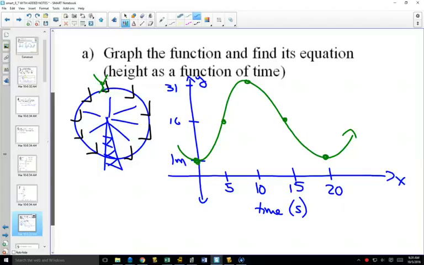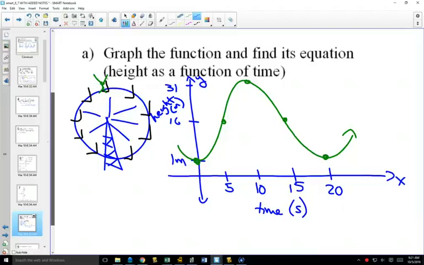And along our y-axis, we can label this as our height, and our height unit is in meters. So we're also going to be really careful about labeling things. If we have information, we can label it: time along the bottom, height along the side.